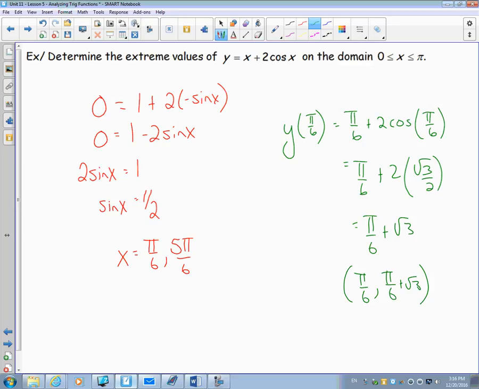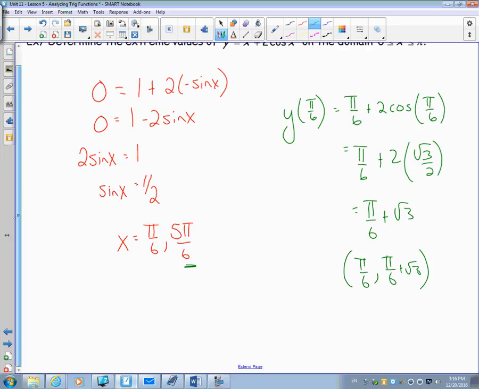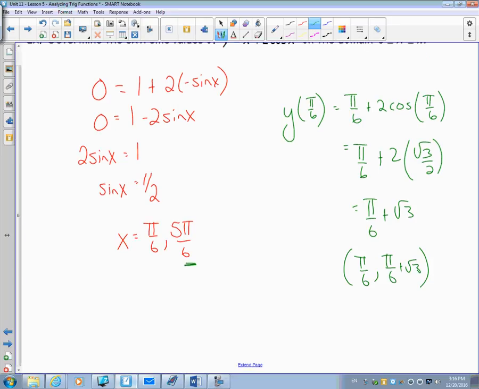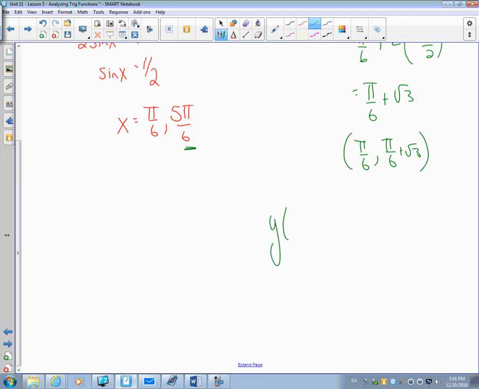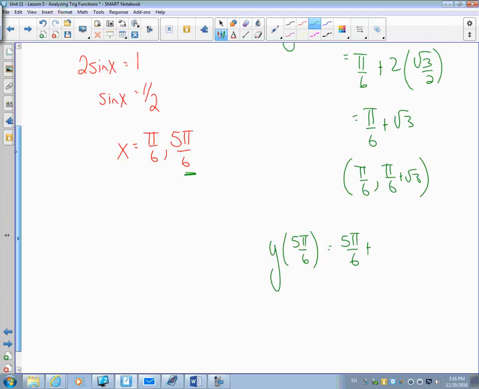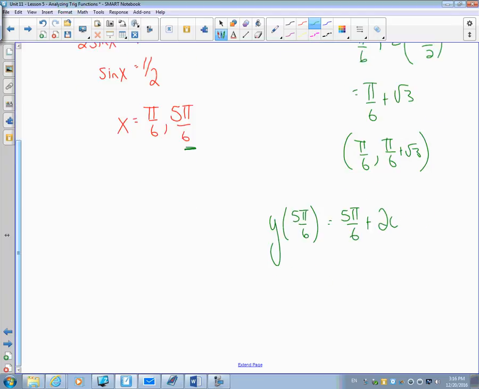Okay, there were two extremes. The other one was at 5 pi over 6. Let's go figure what's happening there. So same procedure, 5 pi over 6. We'll plug it in for x, and we'll plug it in for, it was 2 cos, I believe, right? Let's go back up for a second. Yeah, 2 cos 5 pi over 6. So we'll leave this piece alone.